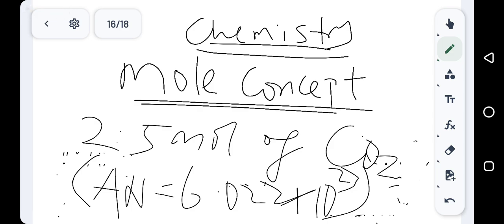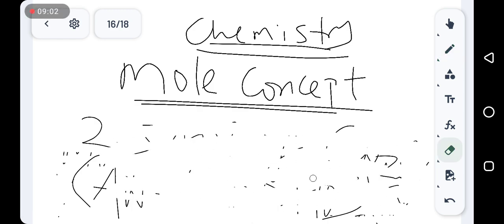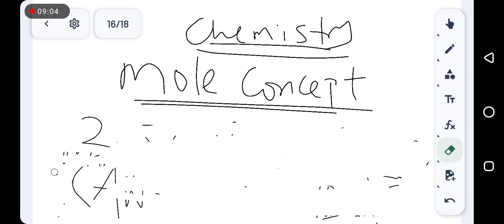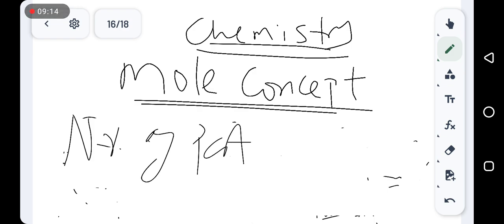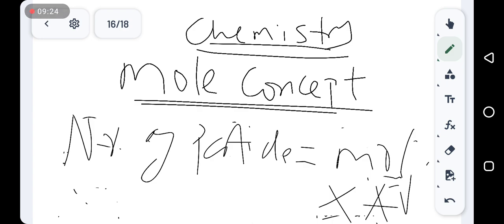Now, what are we going to do? Here we are asked to find the number of particles and we are given the number of moles. So we use the formula that relates to it, which I gave you: number of particles is equal to the mole that is given to you multiplied by Avogadro's number.